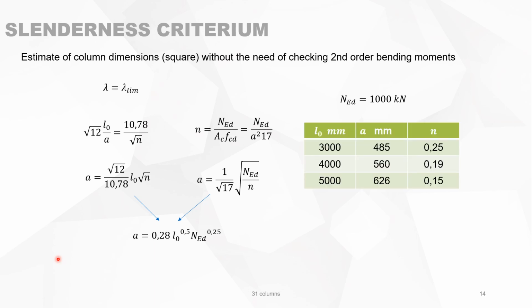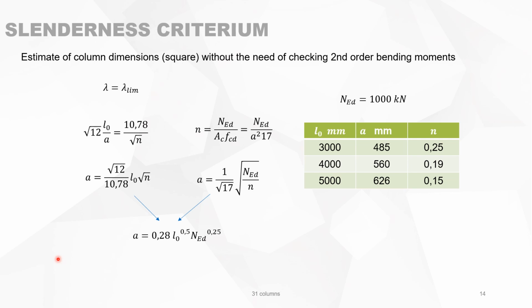Now you can take a typical load of a column in a building, 100 tons or 1,000 kilonewton, and a typical length of a column between 3 and 5 meters.